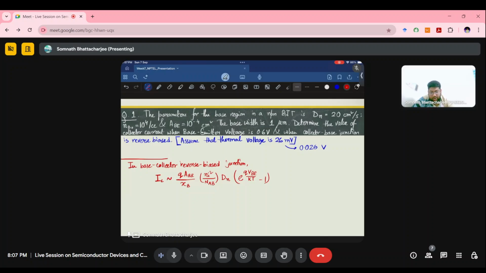This is the basic formula. So you just have to put in the values and get the result. Take a minute or two and give me the answer.